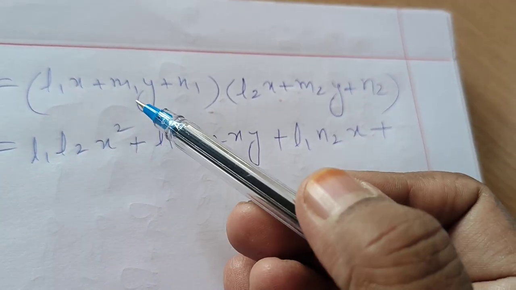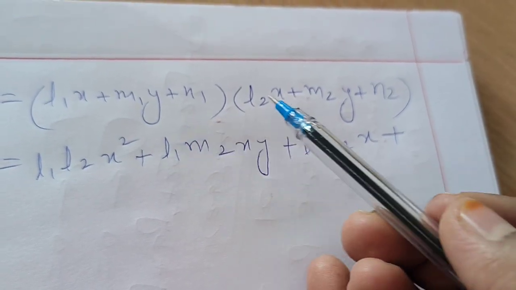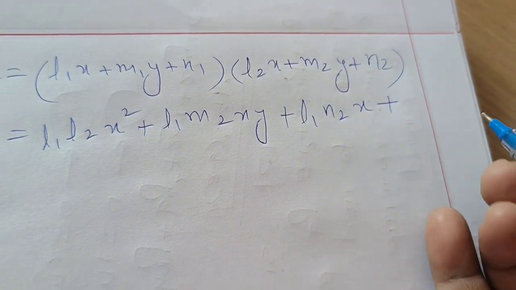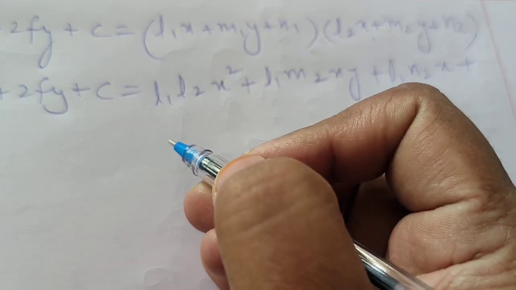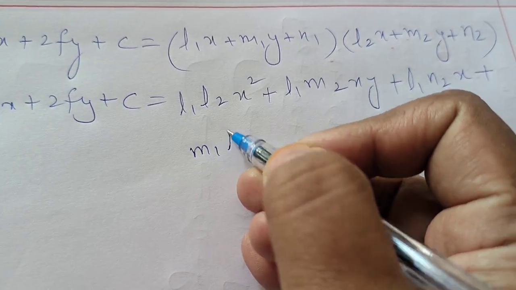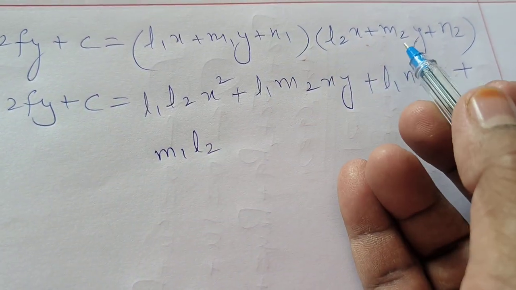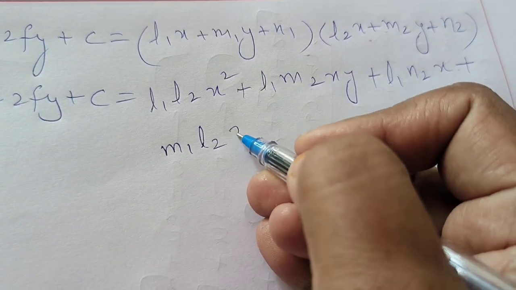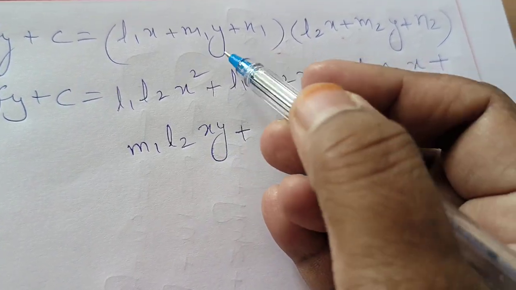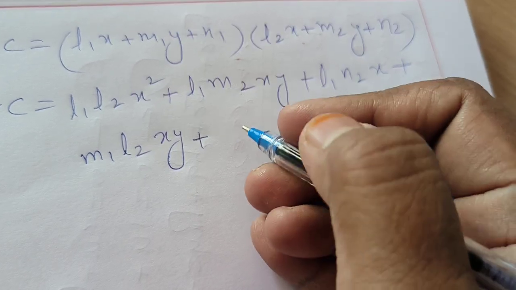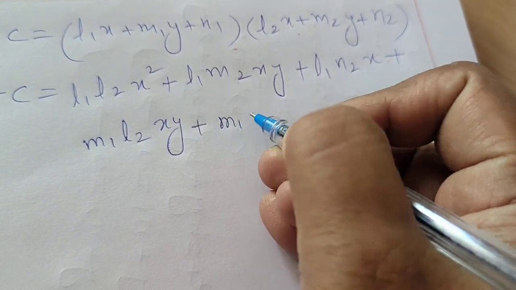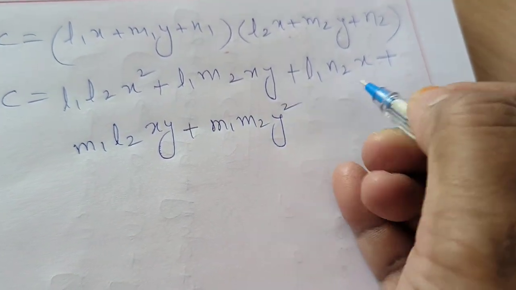The second term is M1y multiplied by L2x, so here we write M1 L2 xy, plus M1 M2 y square.